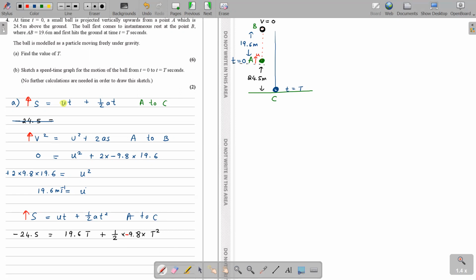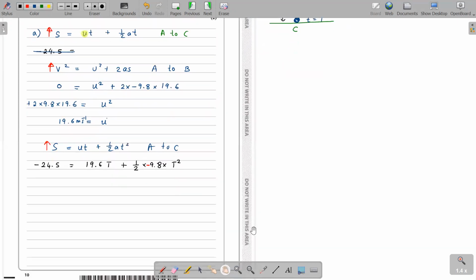Is that okay? Now solve the equation. This is a quadratic equation. Just type the coefficients in the calculator, get the answer. So I get 0 equals half into minus 9.8 is minus 4.9 T square plus 19.6 T plus 24.5.